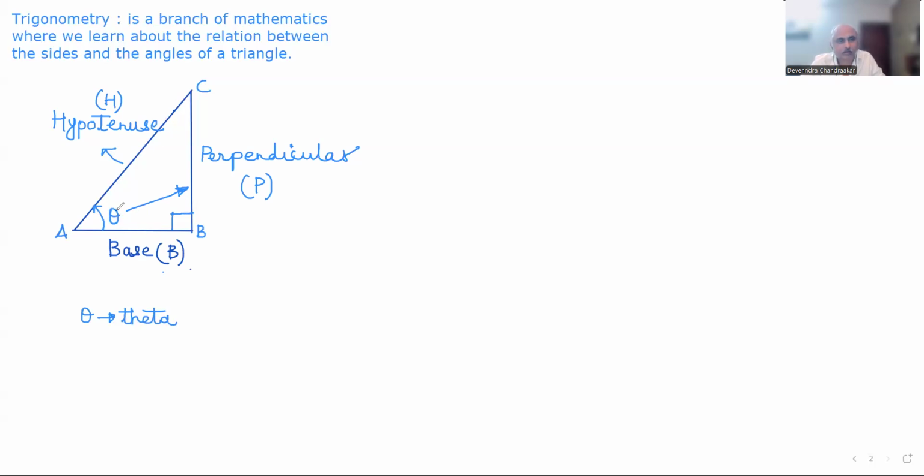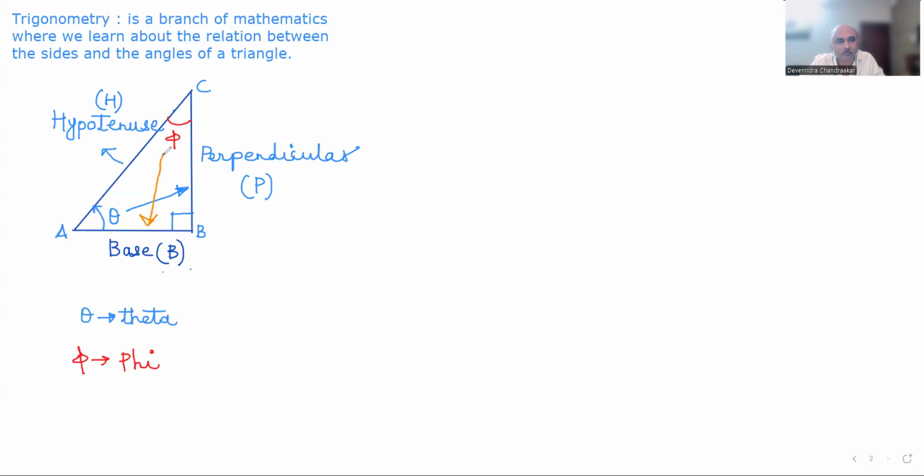Now, if I choose this angle and call it phi, which side will be opposite to angle phi? AB.